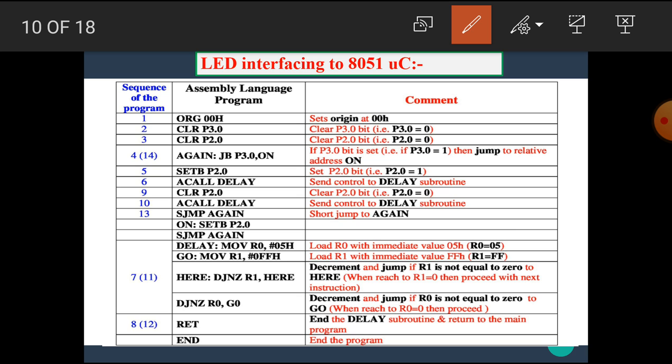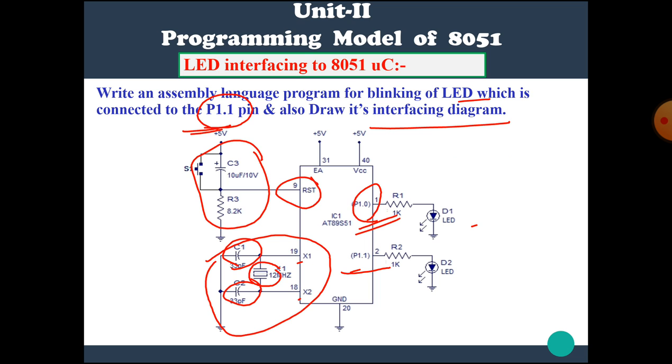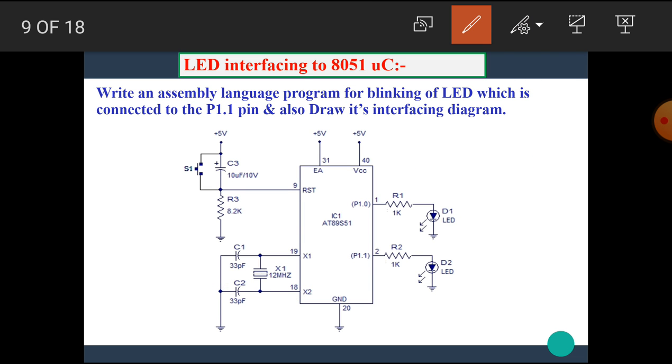This is the assembly language program used to blink the LED at the P1.0 pin. Here is one correction: this pin is P2.0. Hence, there is no external pull-up resistor connected.